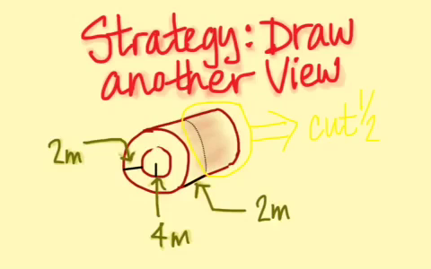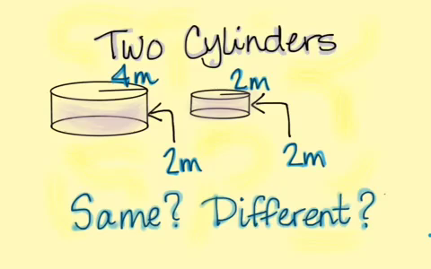The other strategy that I would suggest to them would be to perhaps think of it in terms of two separate cylinders. So they might want to take them apart and make it a simple problem. And that is another strategy in terms of the Common Core mathematical practices: make it a simpler problem.